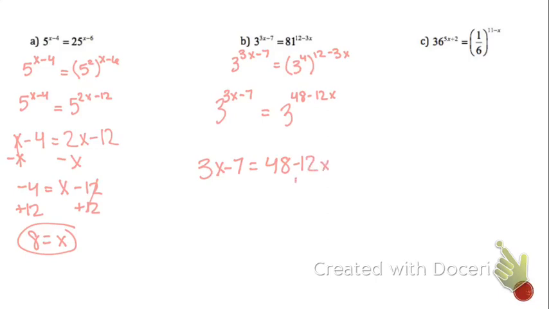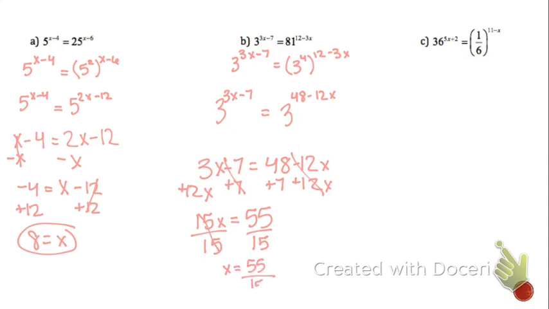And then after I set them equal to each other, I'm trying to solve for x. So I want to add 12x to both sides, and I want to add 7 to both sides. So that leaves me with 15x equals 55. Now when I solve for x, I see that x equals 55 over 15. But I can also simplify that down to be 11 over 3. And that's my answer.